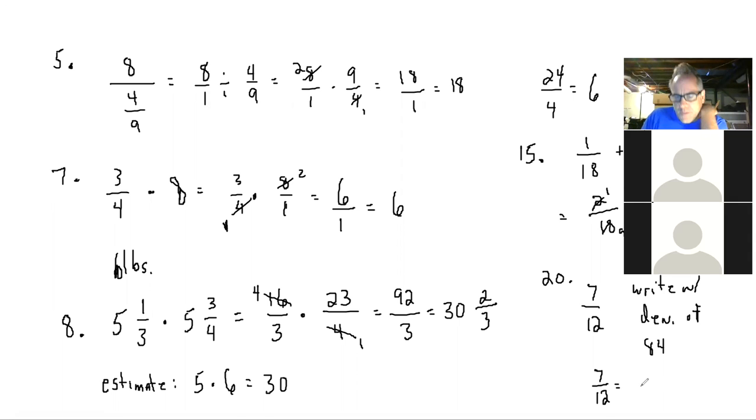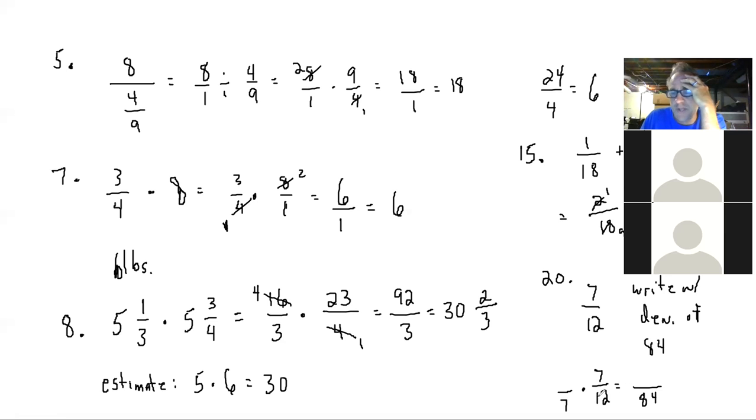Now, what if I want to get to a denominator of 84? What I think to myself is, what do I need to multiply 12 by to get 84? And that is 7. Now, 7 times 12 is 84. Again, you're not changing the number, because if you multiply the bottom only by that and you left the top at 7, 7/12 and 7/84 are not the same number.